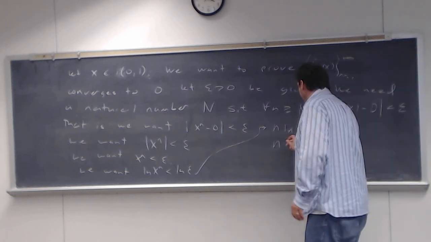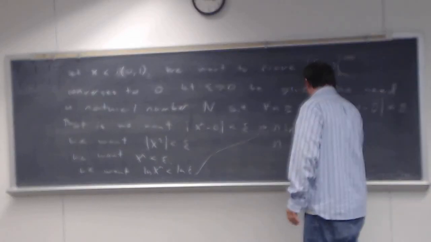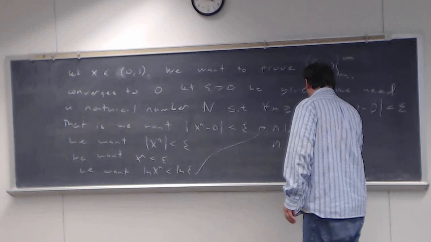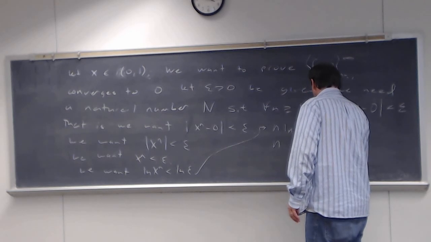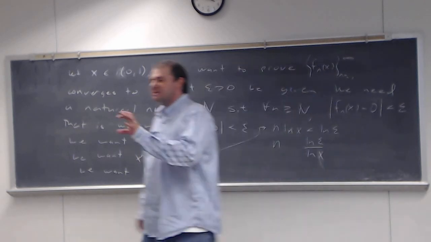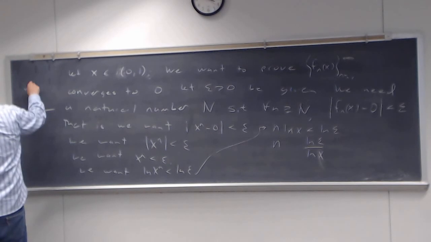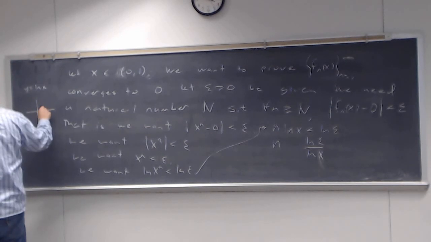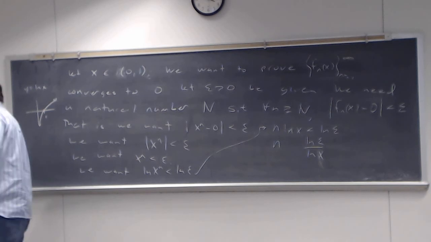Here, I divide both sides by ln of x. ln of epsilon divided by ln of x. Now wait. When x is between 0 and 1, let me graph right here. You guys remember what y equal to ln of x looks like? It looks like this. Here's 1. That's what it looks like.